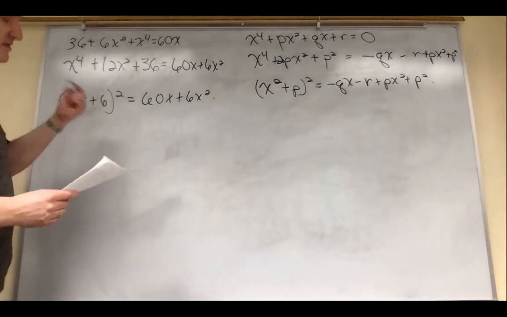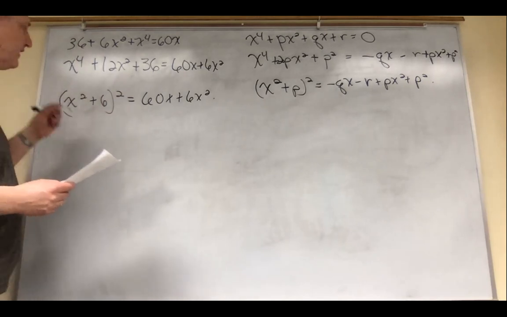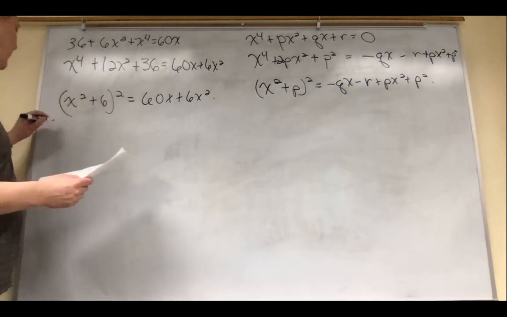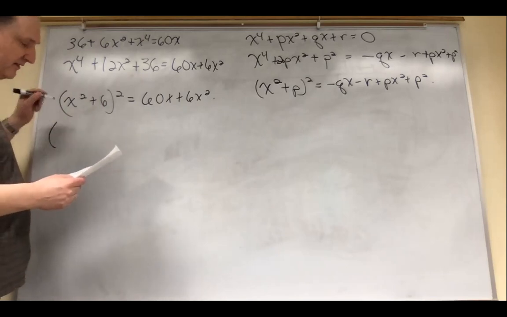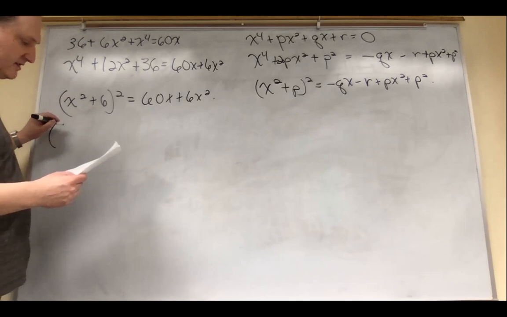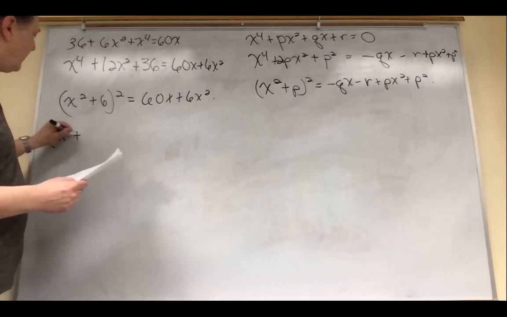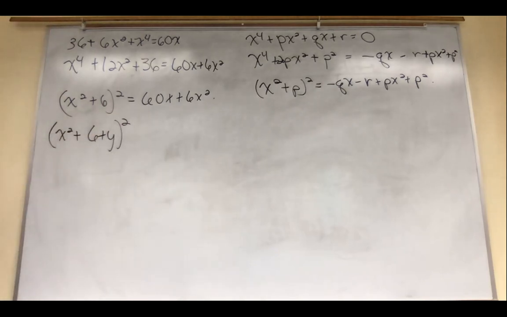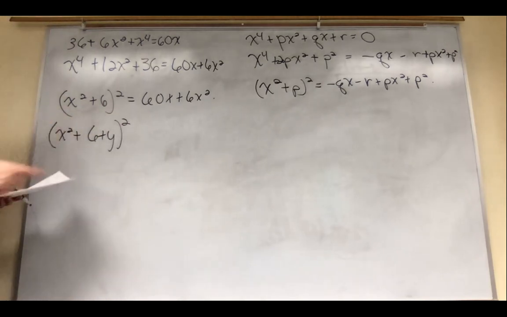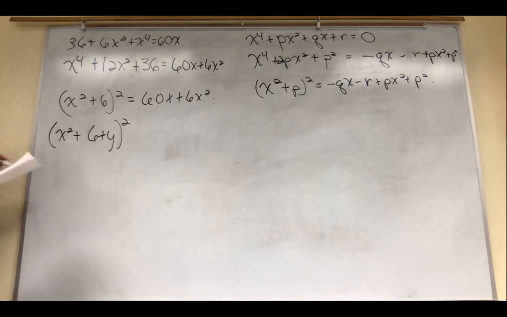Here we will introduce a new variable, we'll call it y, in the place of u plus v, anyway. So what we're going to do is look at that, x squared plus 6 plus y whole thing squared. Surely that's a perfect square.